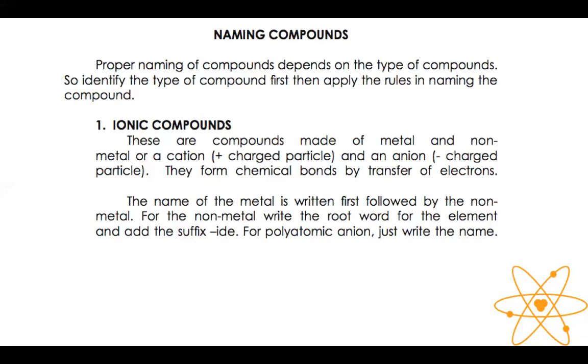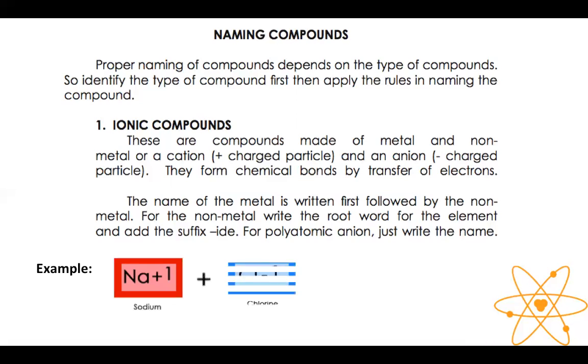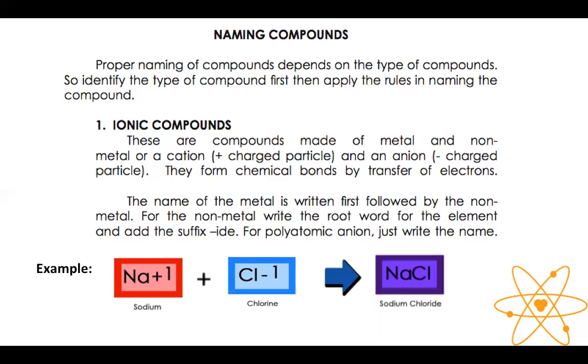So, pag non-metal lang siya, isang element, you have to change the suffix IDE sa kanyang last three na letters sa element. Pero pag polyatomic ion, just write the name. So wala kang baguhin. So example, sodium, which is your positive one or your cation, plus chlorine, which is your negative anion, yields sodium chloride.